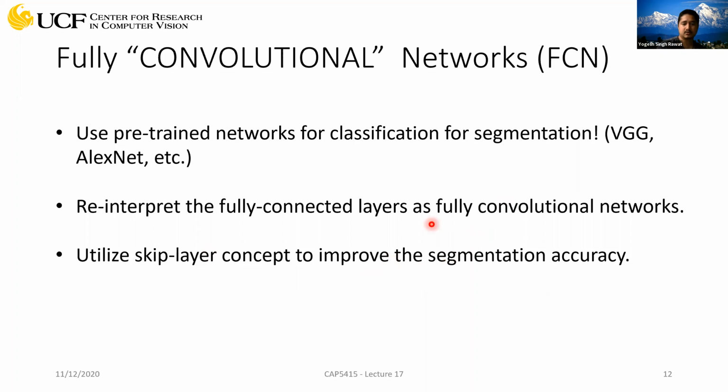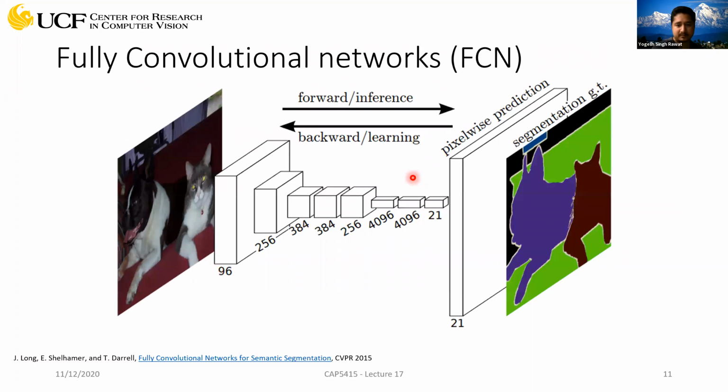One interesting idea here was the use of skip layers. The features in these earlier layers are at a higher resolution when you compare them with these later layers, and they have finer details about the structure of the input image.